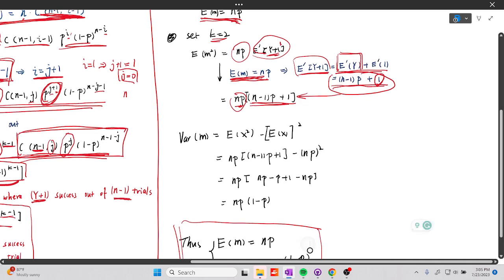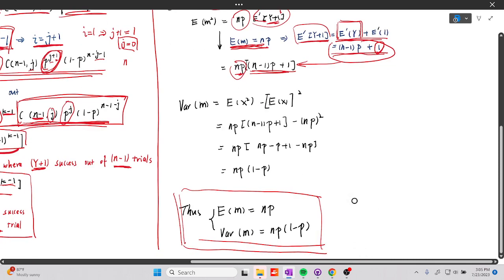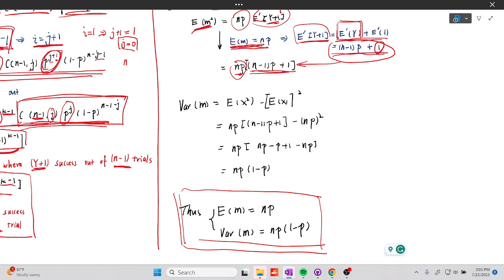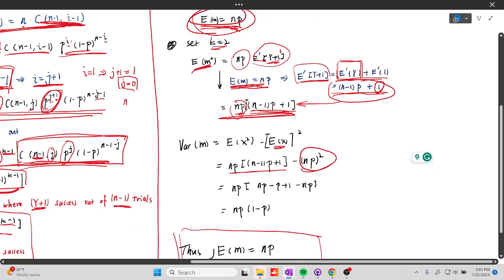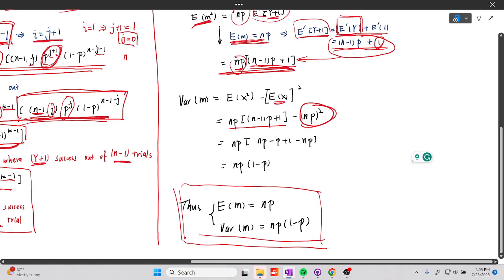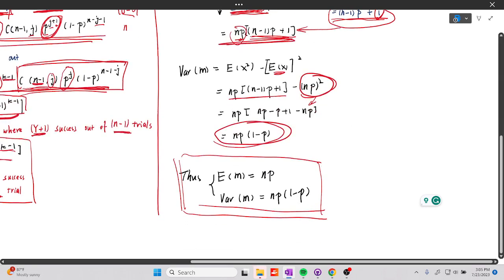And we know that the variance of m equals the expectation value of m squared minus the expectation value squared. So when we plug in, we have E[m squared], which is this, and the expectation value here, which is this, and you put everything back in, end up getting this expression after some algebra.